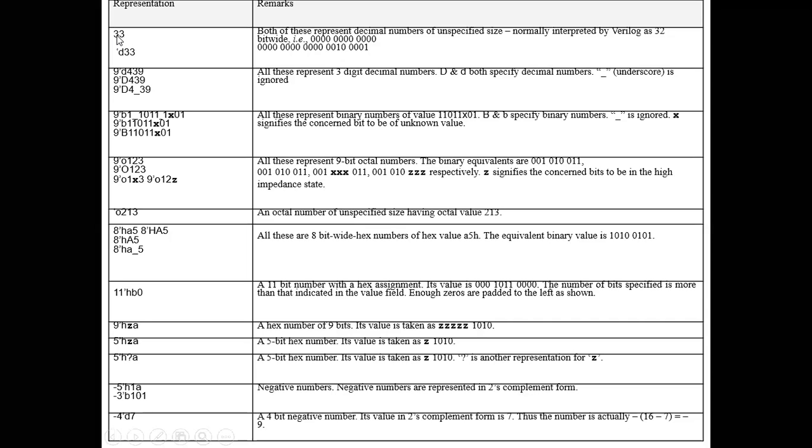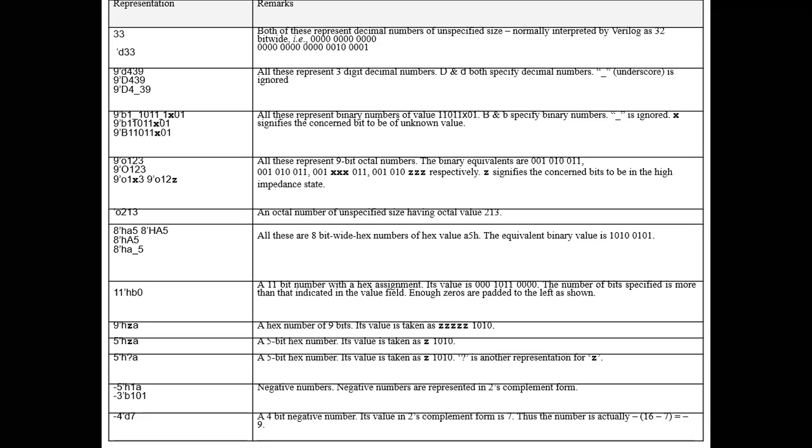So the number 33 we can indicate like this: tick mark D33. It indicates a decimal number. If I don't indicate anything, it is treated as a decimal number. Generally, we use decimal numbers only in our day-to-day life. That's the reason why they have given an exception to that.